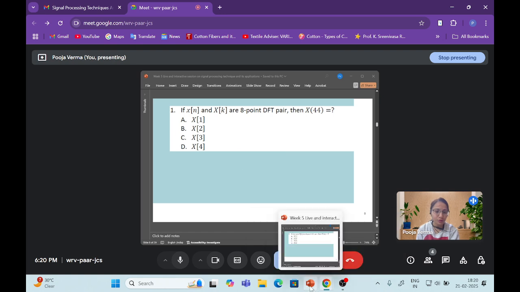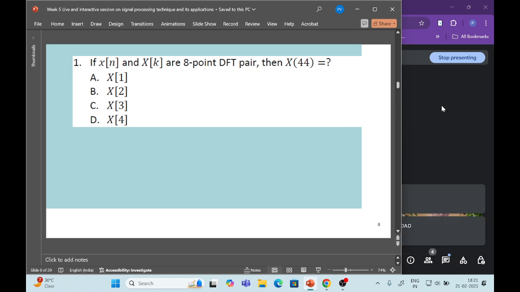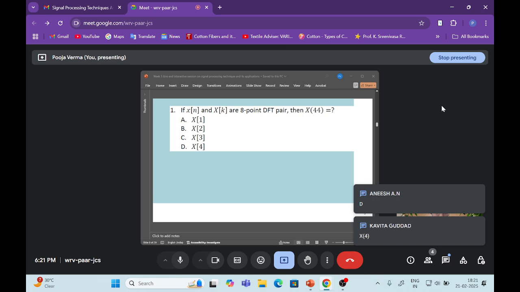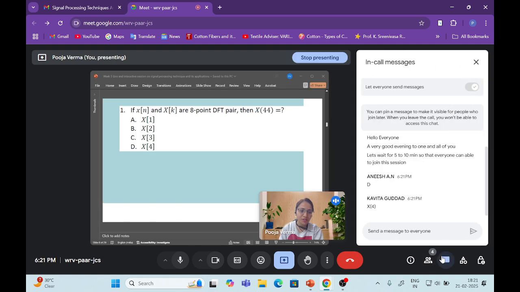Please try to solve this question. Is anyone solving it? Yes, that is x(4). So how did you solve this question?